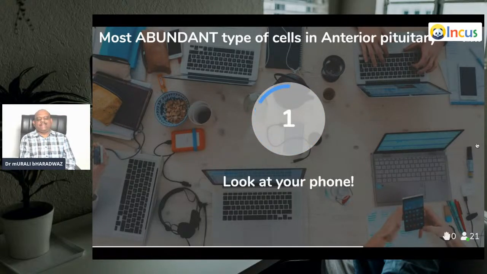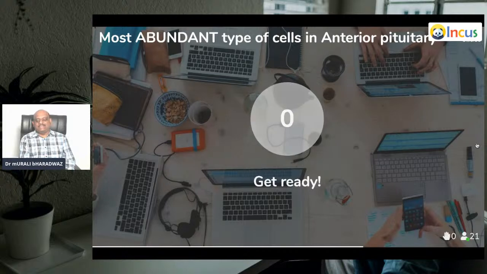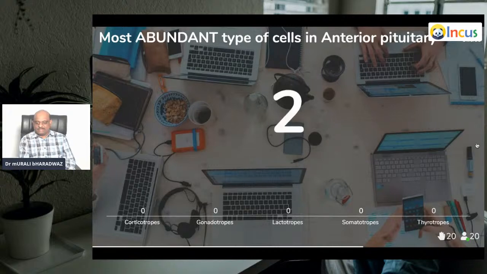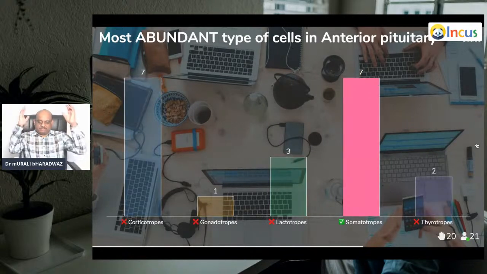Oh, this is a tricky question, dirty question, memory question. In the anterior pituitary picture, what is most abundant? Most abundant. Super.